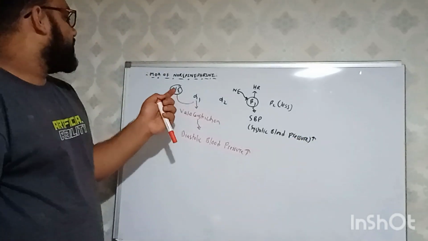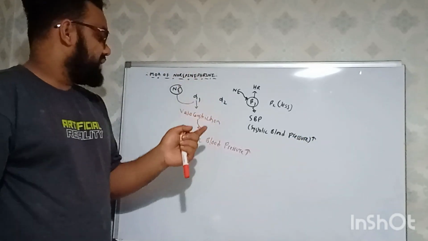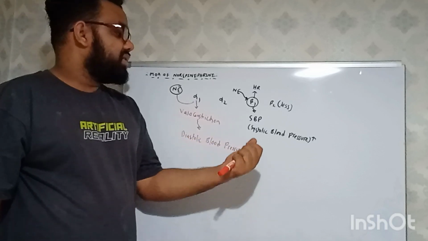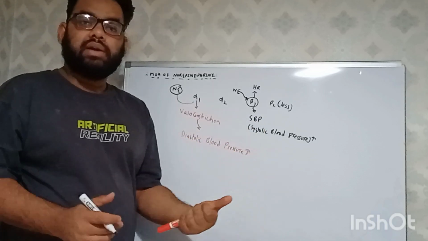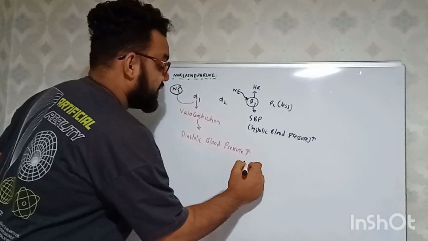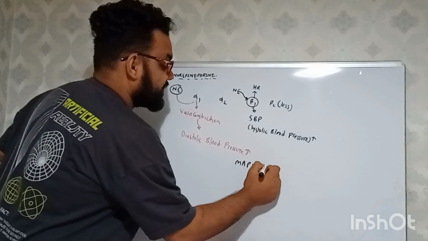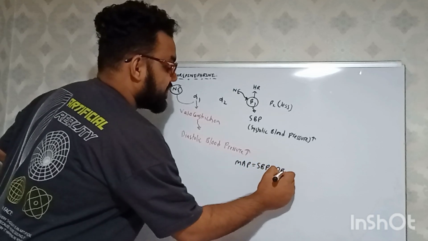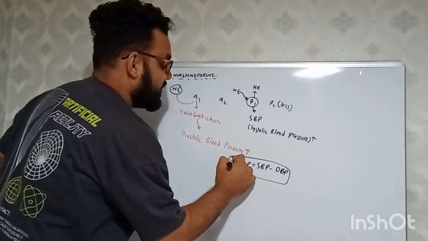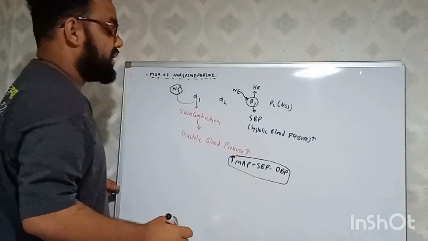Now if you are using the drug norepinephrine, we see that the diastolic blood pressure is also increased and the systolic blood pressure is also increased. So ultimately the mean arterial pressure will get increased.